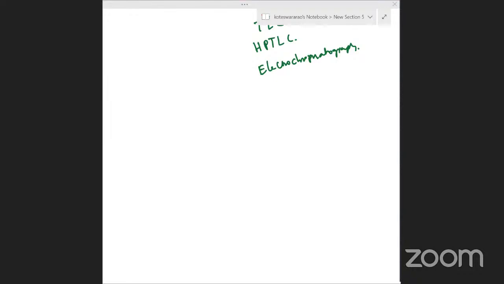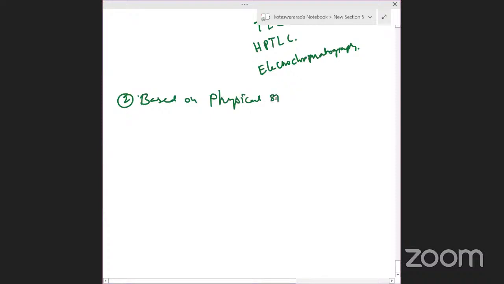Next, coming to the second type of classification, which is based on the physical state of the two phases.